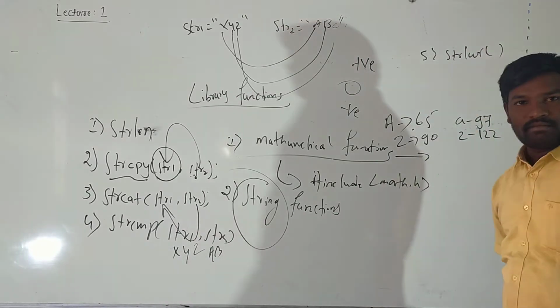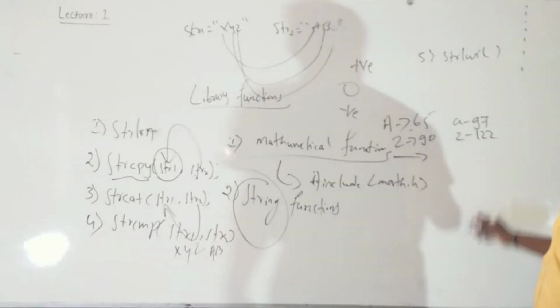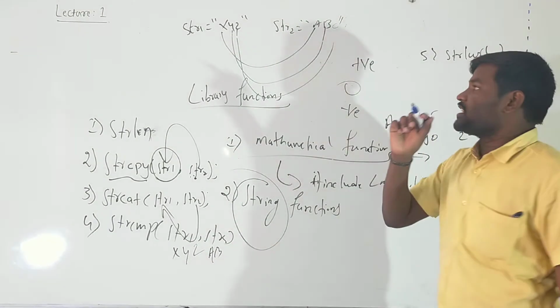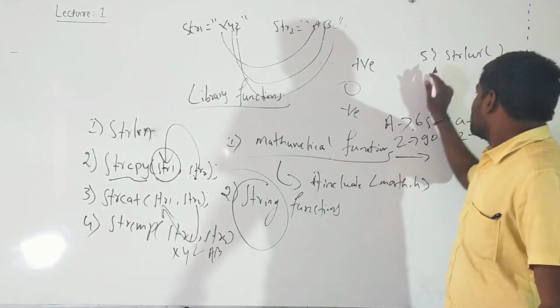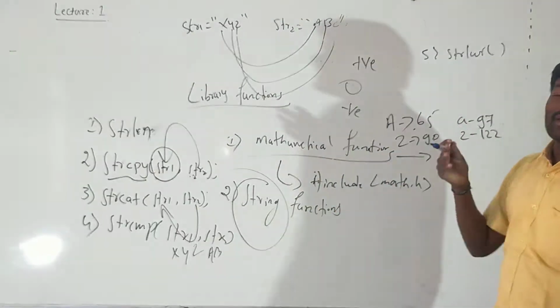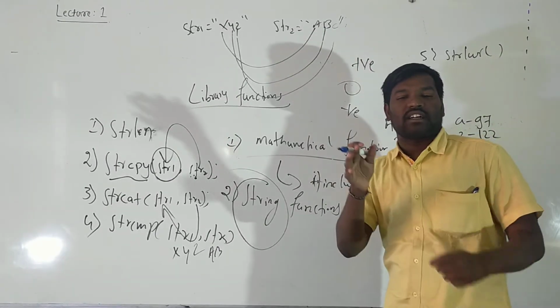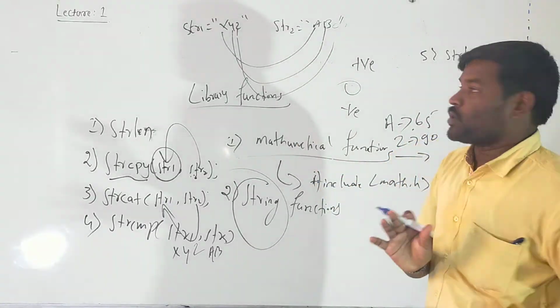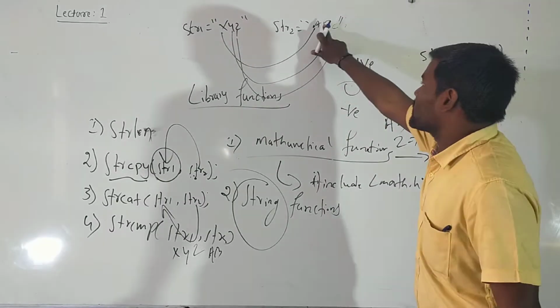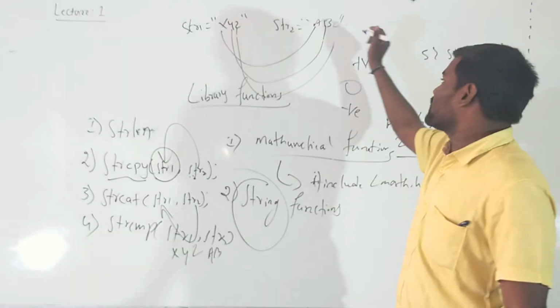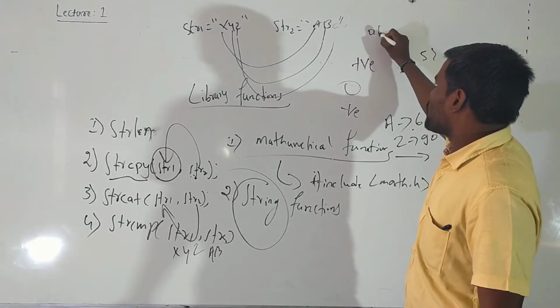strlwr. strlwr will take only a single input. String lower case. It is used to convert all uppercase letters to lowercase. Here strlwr in the bracket of capital ABC means the result is small abc.